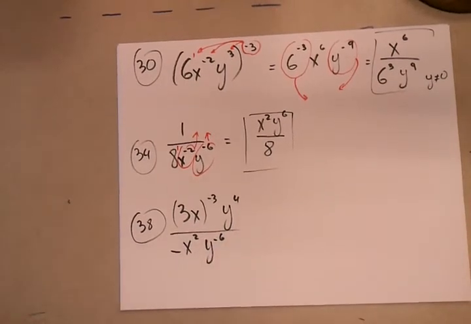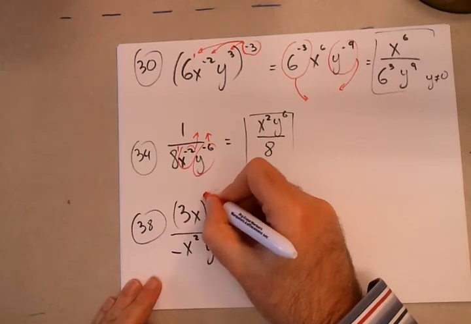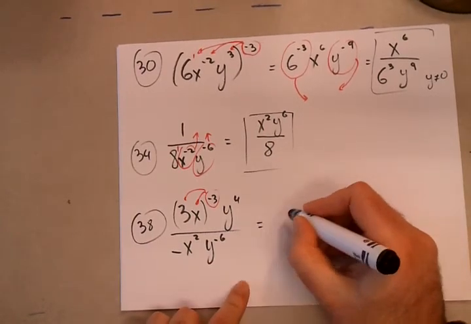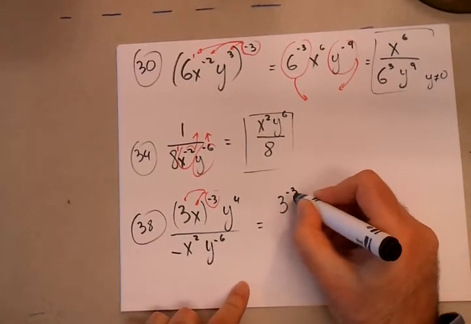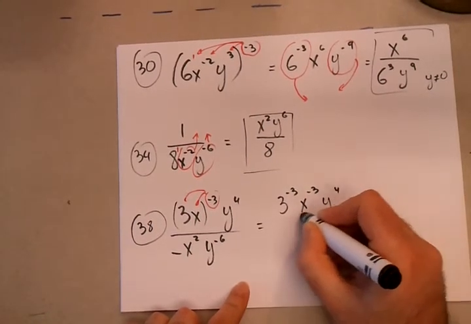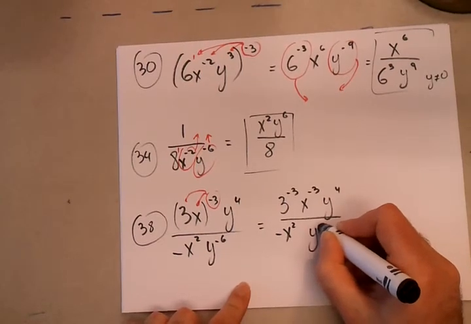Alright, so again, first of all, I gotta do this distribution here. It's a power to the power, distribute the external exponent to the hidden ones for both of those bases, which is going to give me 3 to the negative third, x to the negative third, y to the fourth, negative x to the second, y to the negative sixth.